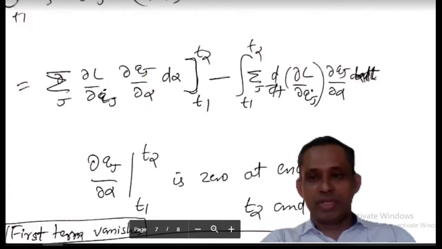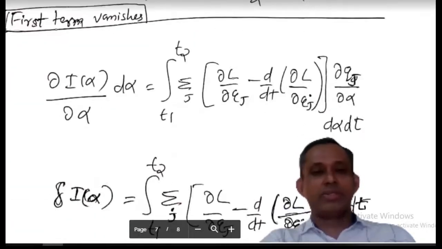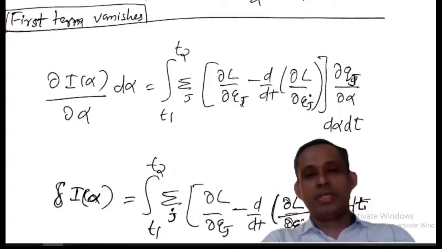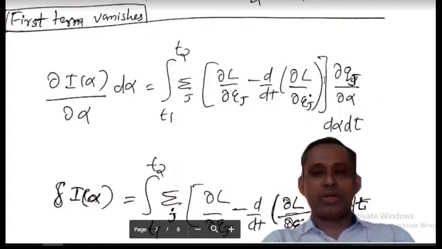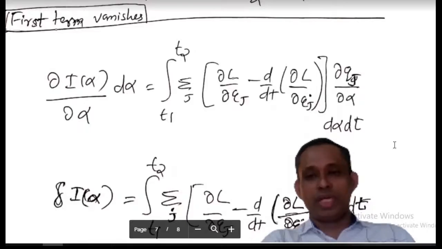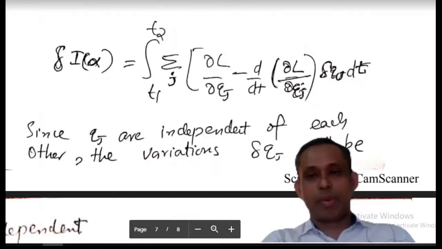So this term vanishes, and only this one remains. So this is ∂I/∂α, and we put a dα here. That will be integral t1 to t2 sigma j [∂L/∂qj minus d/dt of ∂L/∂qj dot] ∂qj/∂α dα dt.